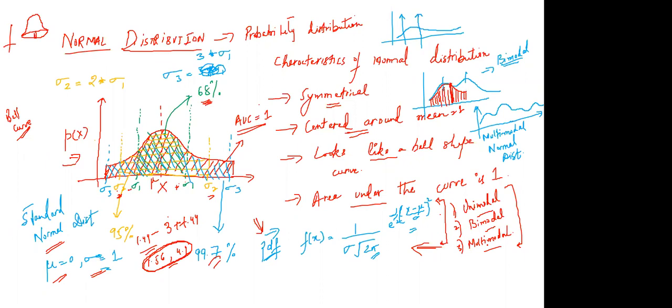Poisson distribution, if you look at Poisson distribution over a bigger interval of time, it will always approximate to normal.